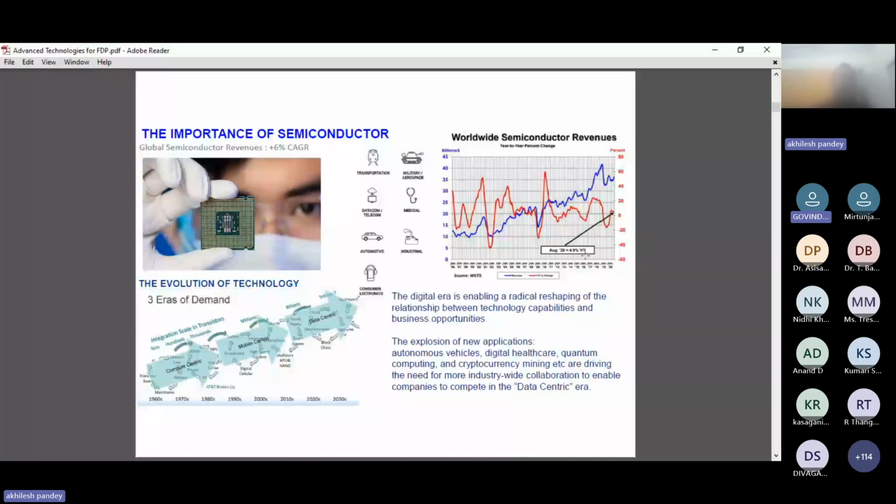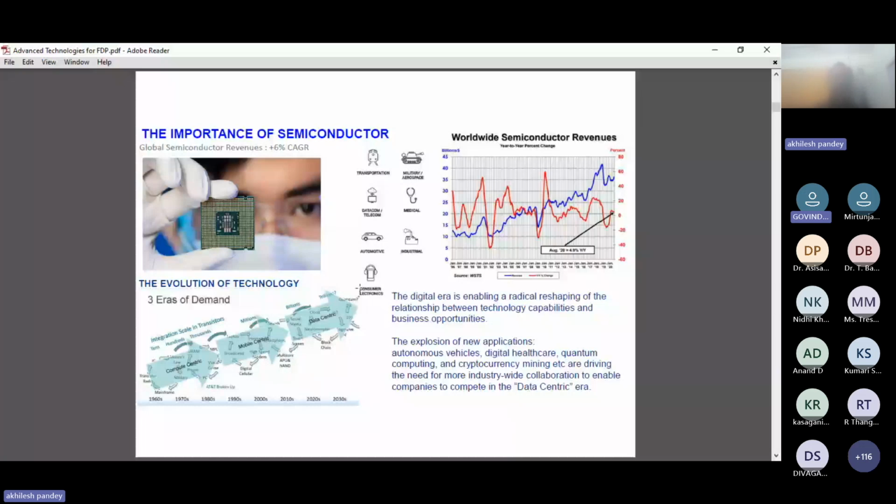So now basically the evolution of the technology, basically three eras of demands. From 1960 to 1980, it is computer centric. Whatever the technologies have been developed, it is computer centric. But after that, more after the 90s, it is mobile centric. Mobile centric is nothing but the data has to be centered into the mobile, but now it is data centric.